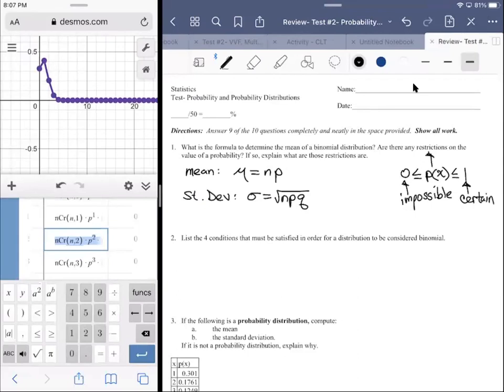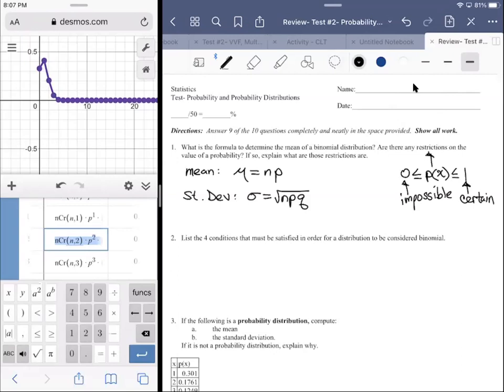So somewhere between impossible and certain is where all the other probabilities would be. Not what your question is going to ask, but it's something that you should definitely know. Otherwise, if you do some calculations and get a probability of 1.7 or something like that, you're like, whoa, that can't be right. How would you know that can't be right? Probably because of something like this.